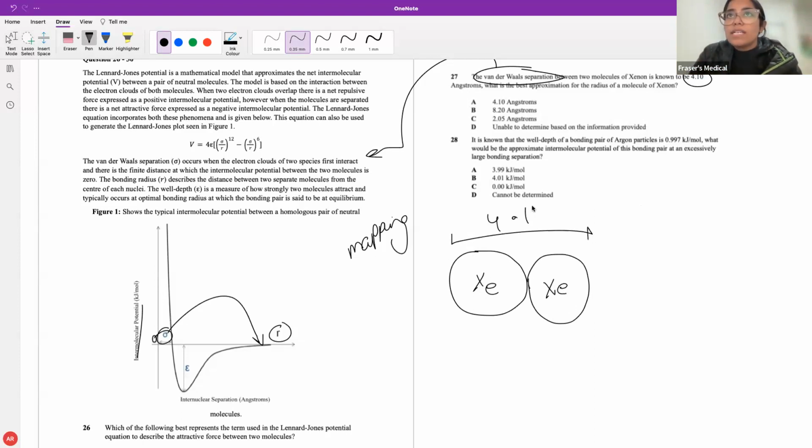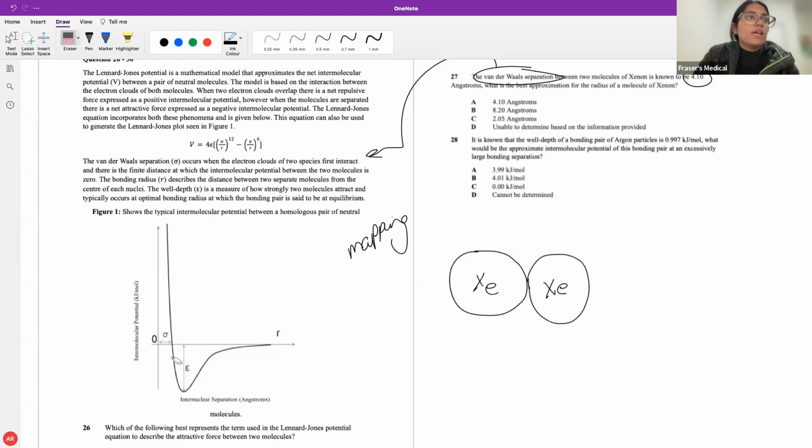It could be the distance here, it could be the distance here, it could be within here, like we don't know what it means. So we need to go hunting within the stem for more information about van der Waals separation. And we know that more is given within the graph itself. We can see that van der Waals separation is here, sigma over here, and it's on the x-axis. Now, the x-axis is a representation of internuclear separation.